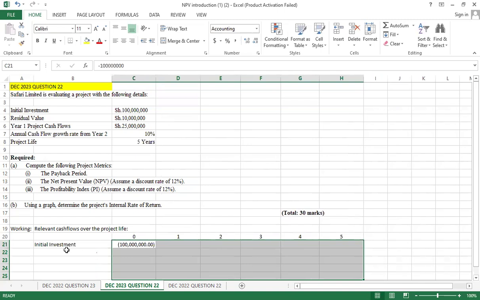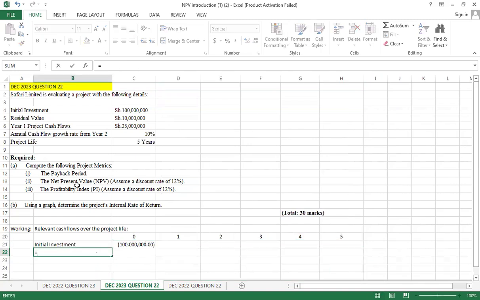And then we are told that the next cash flow is the residual value. Now, when I talk of the residual value as a cash flow, what cash flow is this? What is a residual value? Anyone?